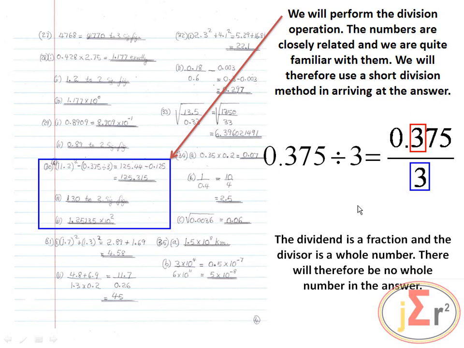Therefore, we will begin by showing that we are actually having a fraction and no whole number. The dividend is a fraction and the divisor is a whole number. There will therefore be no whole number in the answer. And that is why we have this 0 point here. Now 3 divided by 3 is equal to 1. And then 3 into 75 is 25.